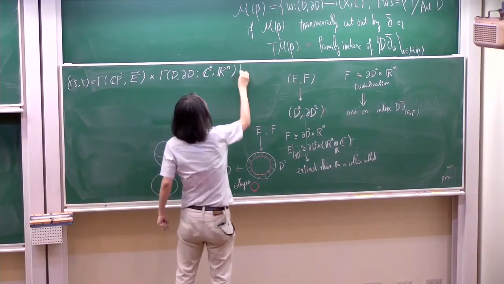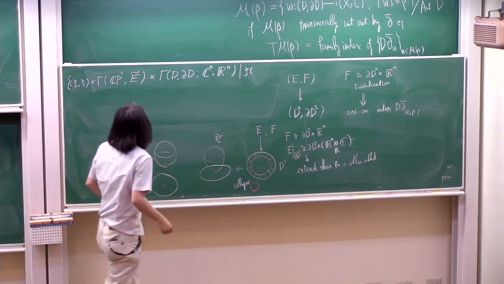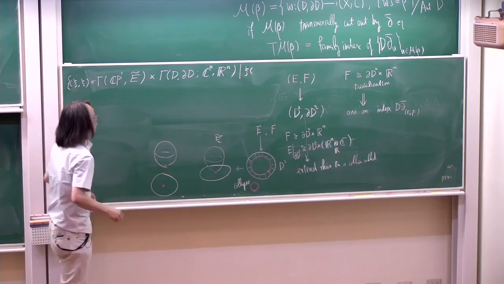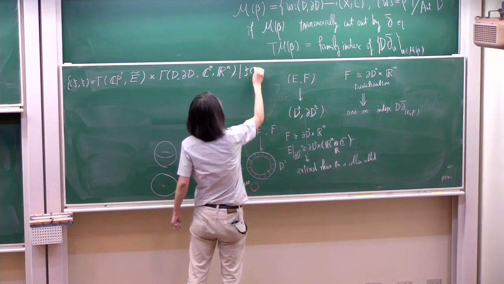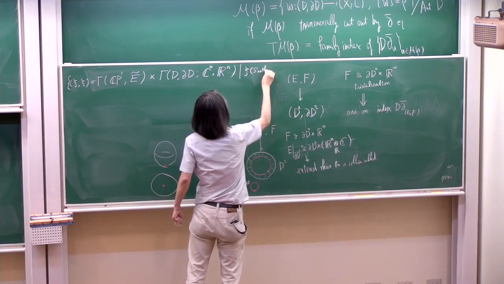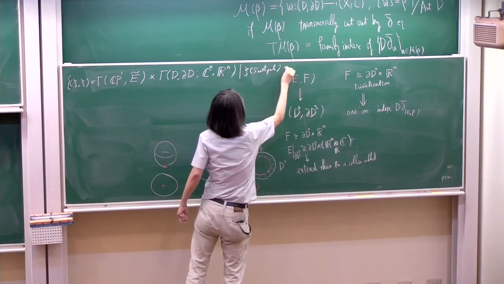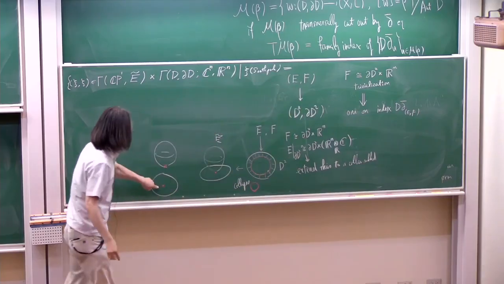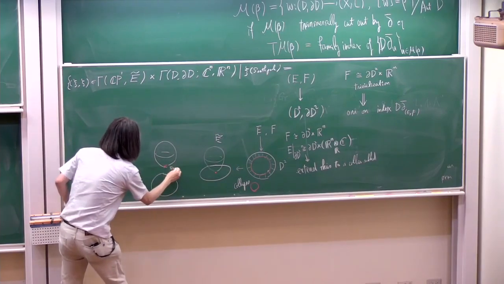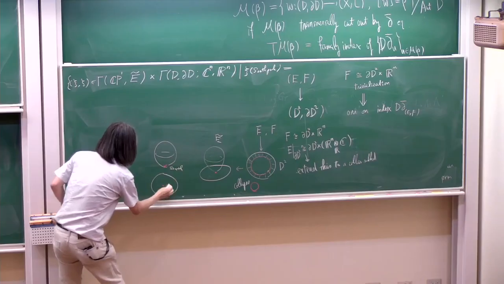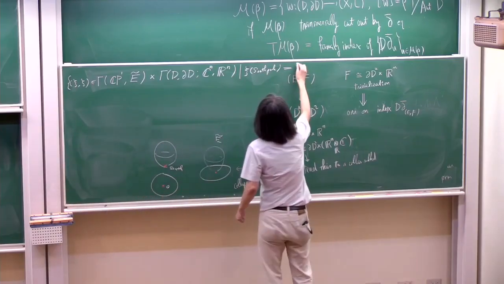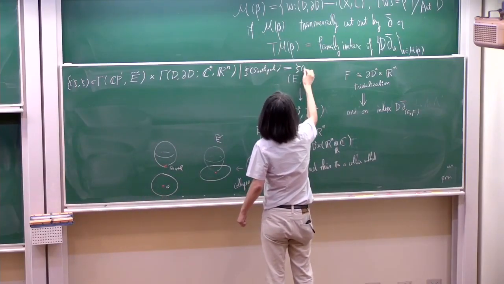And so I consider a pair of sections, Xi and theta, so that Xi is a section over here, at the north pole, so the south pole, is equal to the value at the origin. So this is the south pole, and this is the origin, and this is equal to theta of 0.